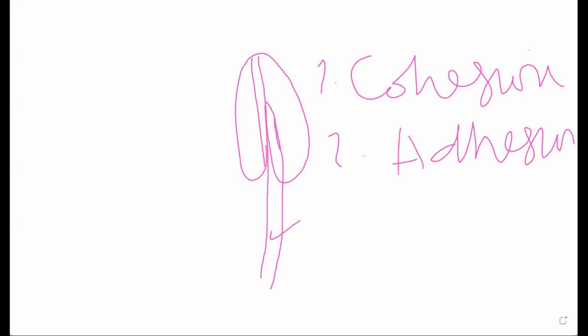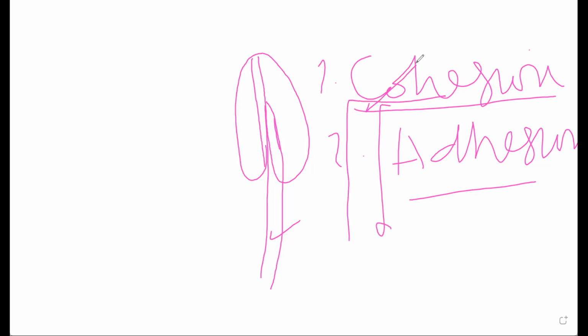Adhesion. You may have studied this in chemistry and physics. Cohesion is when the molecules of similar kind are attached to one another. For example, in water there are cohesive forces among water molecules.